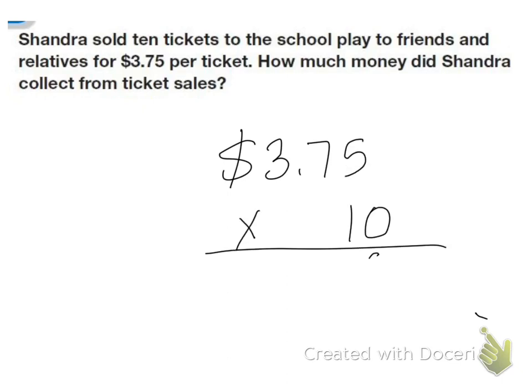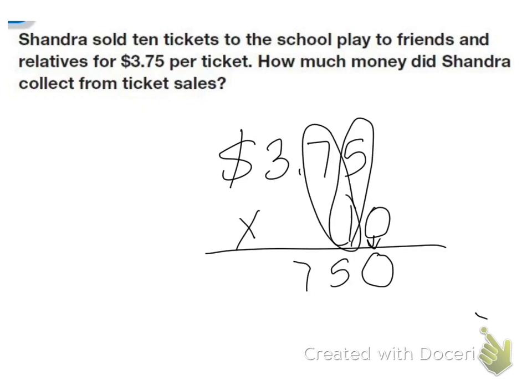The zero's hanging out, so we just bring that down. Then I multiply. 1 times 5 is 5. 1 times 7 is 7. And 1 times 3 is 3. And then I need to put my decimal after the dollars column. So that goes right there. So I get $37.50.